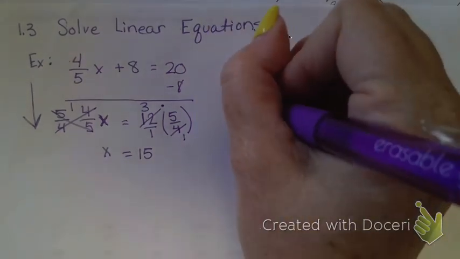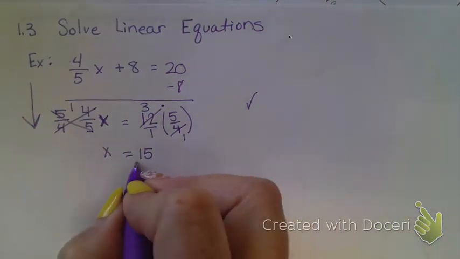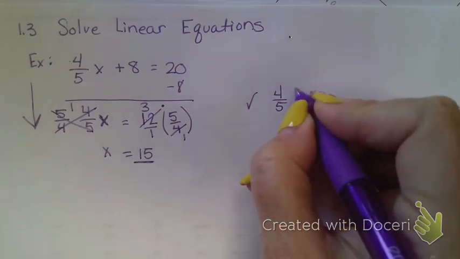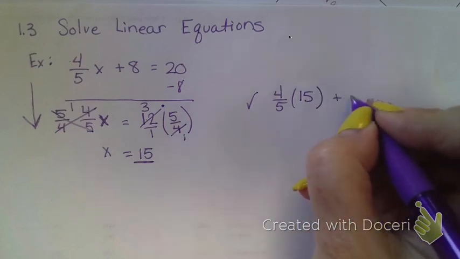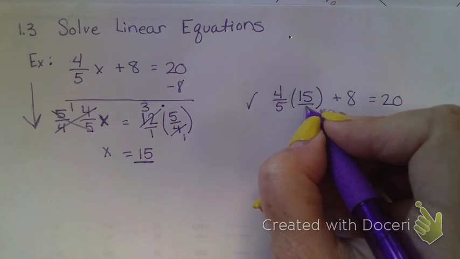Now, it will ask you to check some of them. How do I check it? You plug it in. So you have 4/5 times 15, because that's x, plus 8 equals 20. Well, this is 15 over 1.